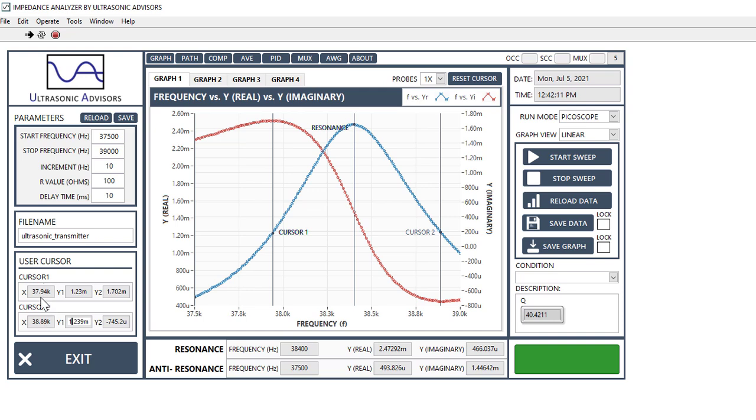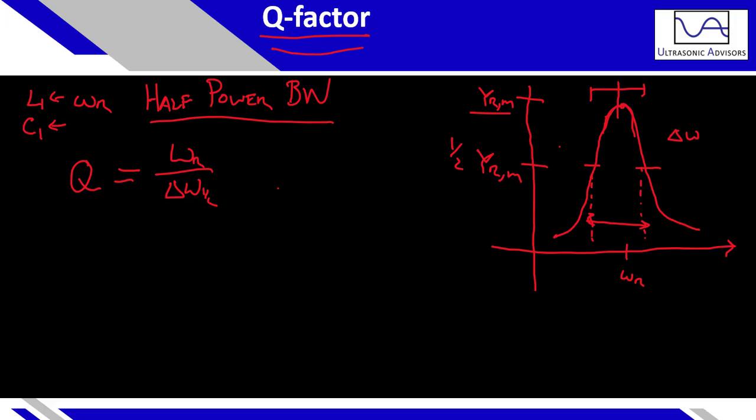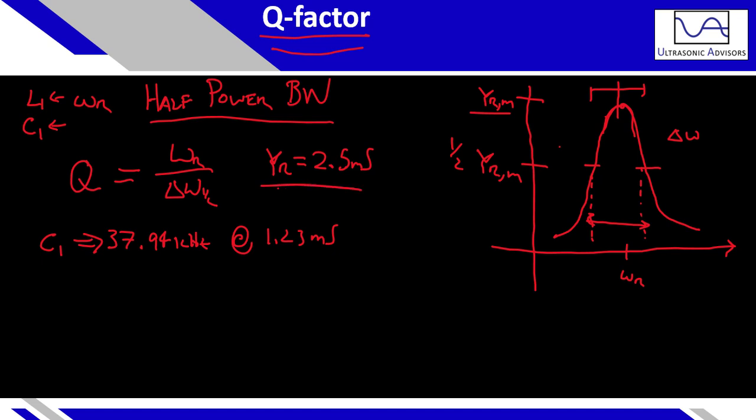We have 37.94. So cursor 1 is at 37.94 kilohertz, and it's at about 1.23 millisiemens. And if you can remember, the resonant admittance was about 2.5 millisiemens.